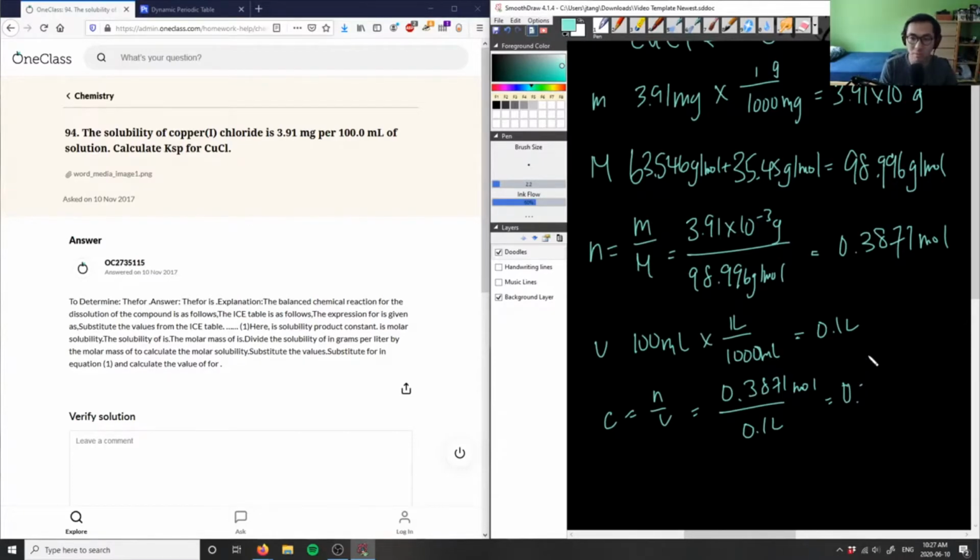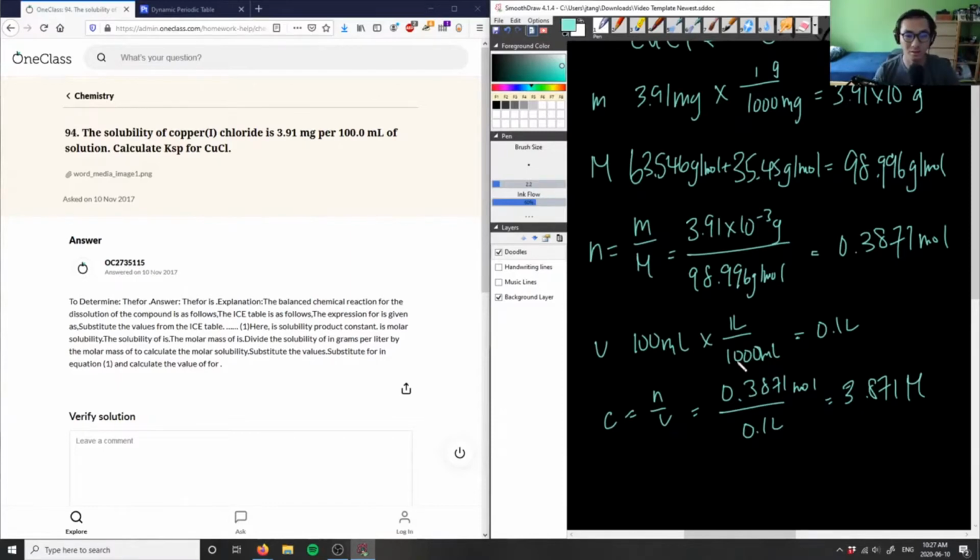This gives us 3.871, not 0.03, sorry. This is 3.871, and here is capital M for molarity.